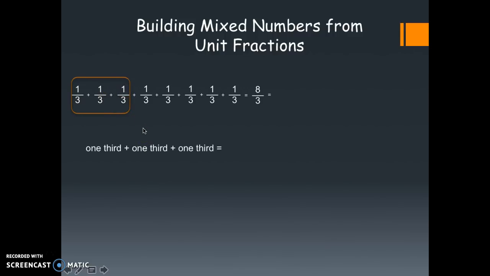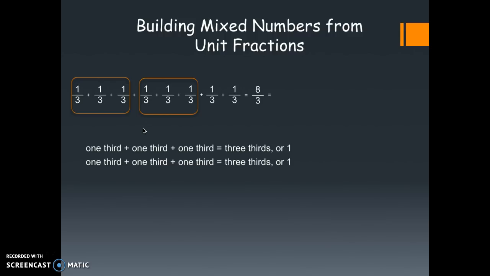So 1/3 plus 1/3 plus 1/3 is 3 thirds, or 1. So there's another third plus a third plus a third, which is 3 thirds, or 1 whole. And then we've got these 2 thirds left over. So if we're going to change the 8 thirds to a mixed number, we've got 2 wholes plus 2 thirds left. 2 and 2 thirds.